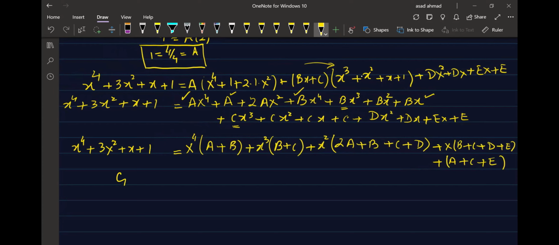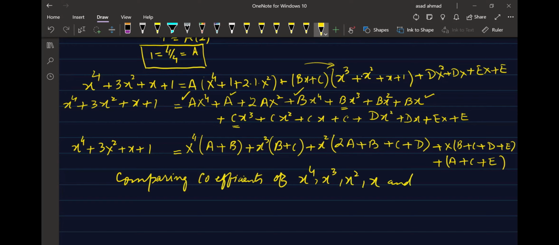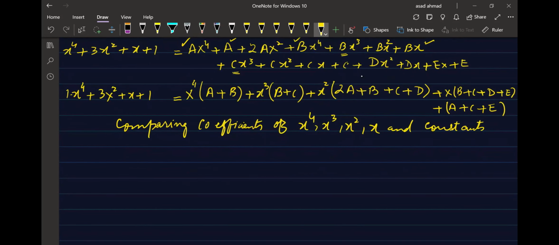So we will go for the comparison as usual, comparing coefficients of x raised to power 4, x raised to power 3, x raised to power 2, x, and constants. So we will compare a plus b will be equals to 1.